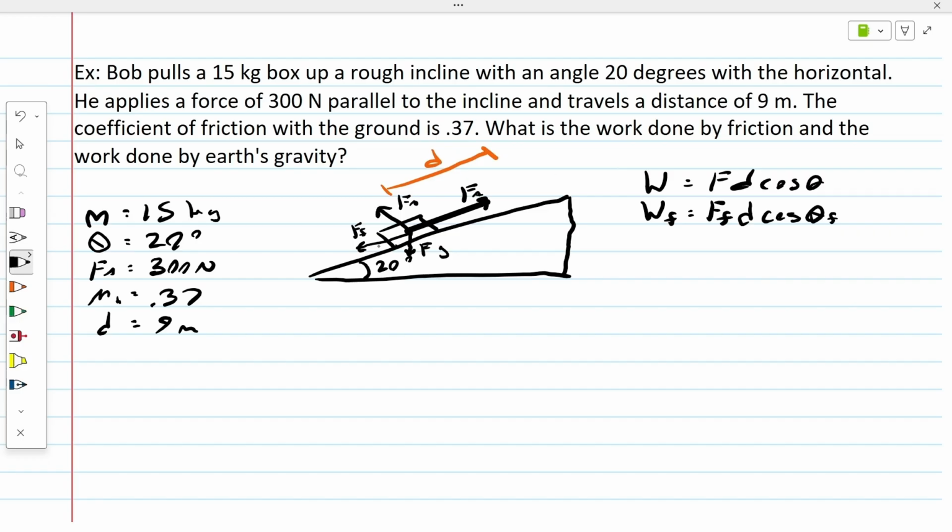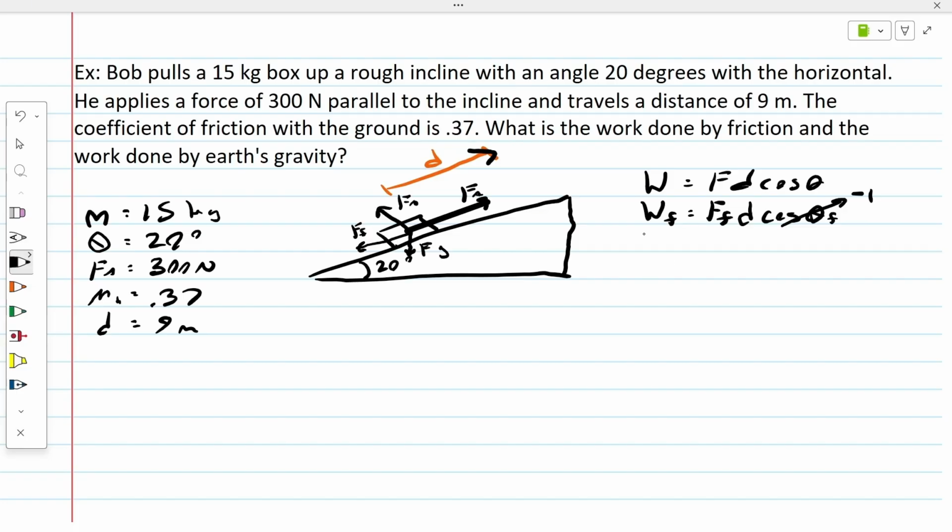So since friction is in the opposite direction of the distance, because we know the distance will be that way, as it's pulled up the incline, this cosine of theta will go to -1 because it's 180 degrees. And when you're working with friction, it's always going to be 180 degrees from where motion is.